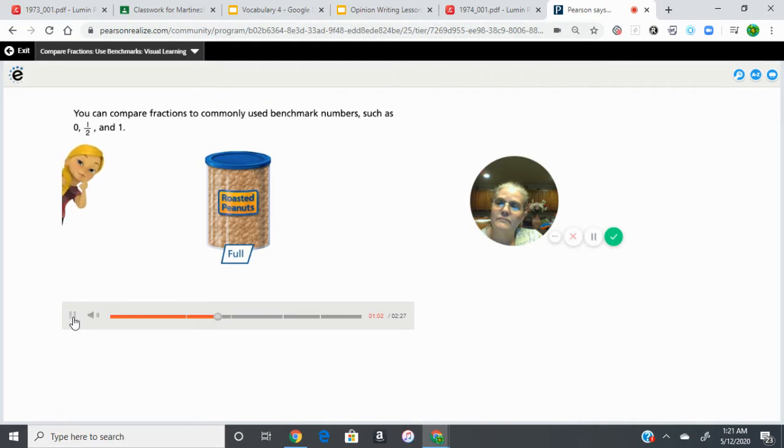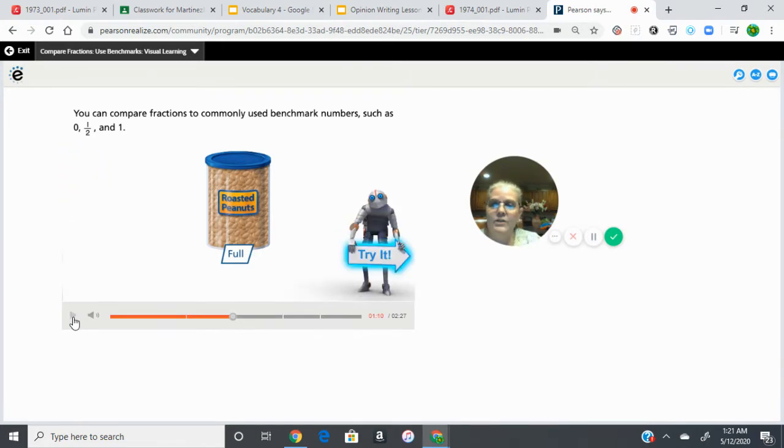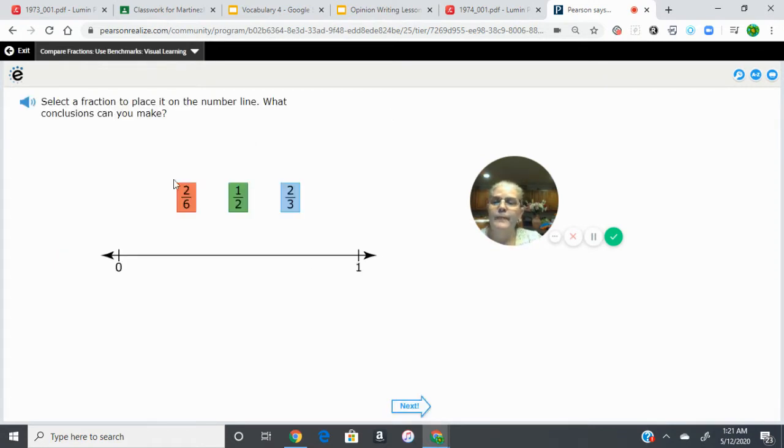You can compare fractions to commonly used benchmark numbers, such as 0, 1/2, and 1. Okay, we're going to try it. Select a fraction to place it on the number line. What conclusions can you make? Okay, so I know half. So we've got between 0 and 1. Let's slide our half.